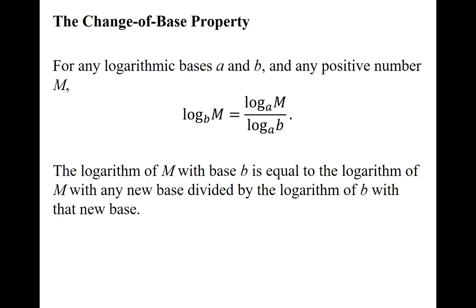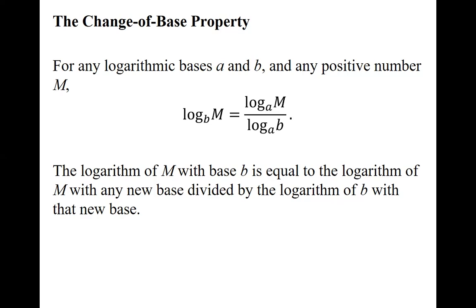Finally, let's take a look at something called the change of base property. For any logarithmic bases a and b and any positive number m, log base b of m equals log base a of m over log base a of b.